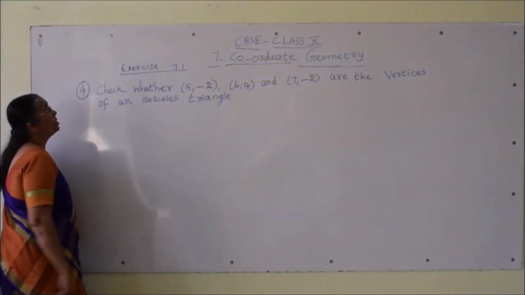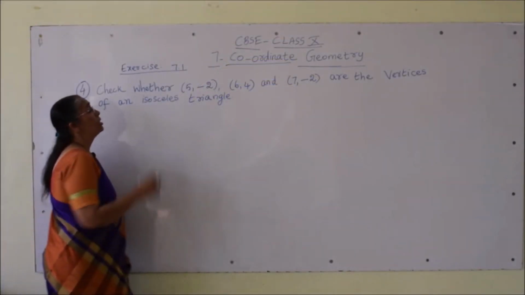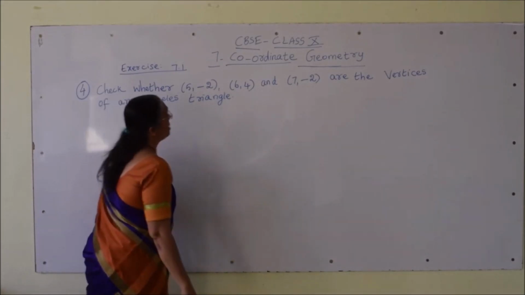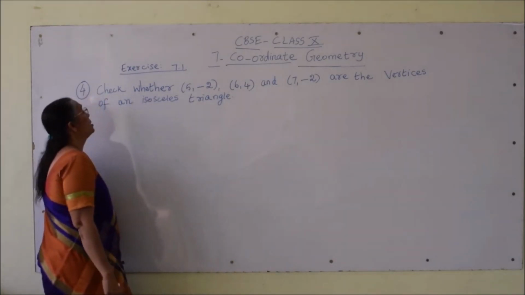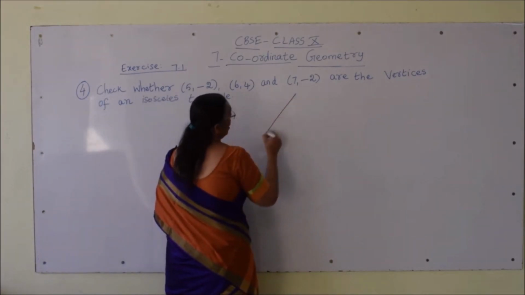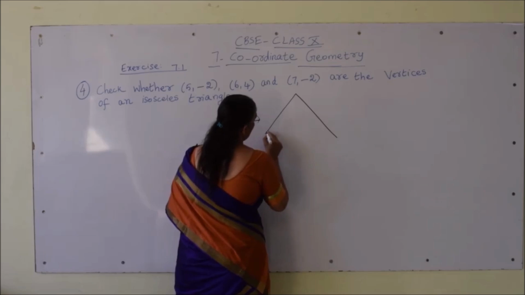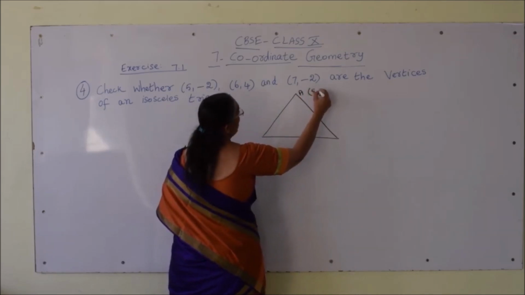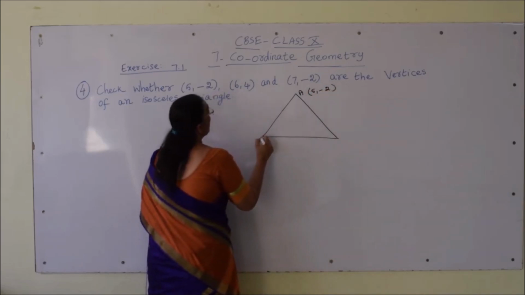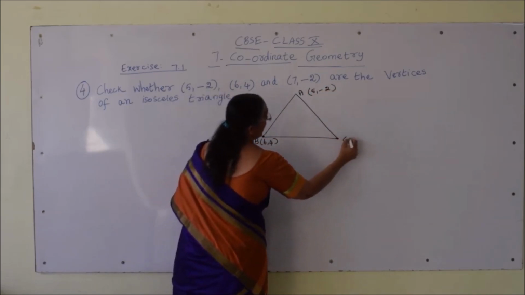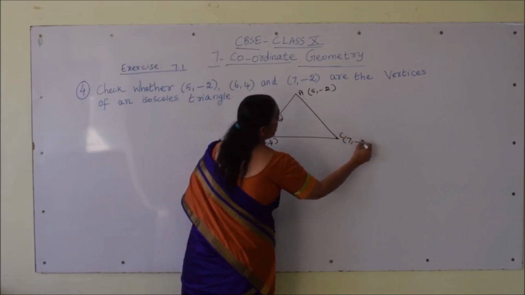Problem number 4. Check whether (5, minus 2), (6, 4) and (7, minus 2) are the vertices of an isosceles triangle. Let us consider A vertex as (5, minus 2), B vertex as (6, 4) and C vertex as (7, minus 2).